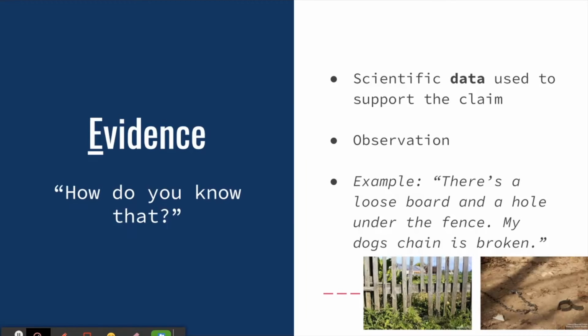It needs to be specific, and it needs to come from the data you collected. It's often in the form of an observation. For example, the evidence supporting the claim from the previous slide about the dog being missing is that there is a loose board and a hole under the fence, and the dog's chain is broken. Those would be very obvious pieces of evidence that the dog is no longer in the yard.